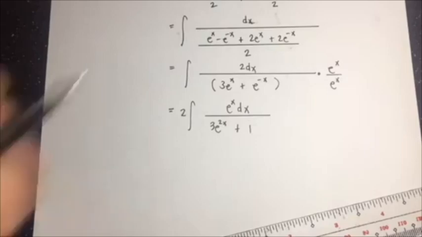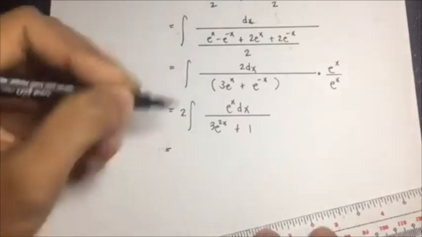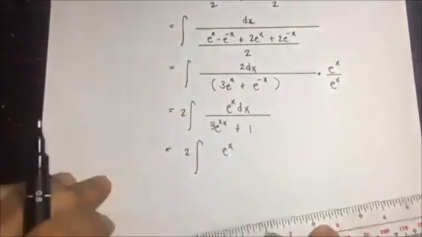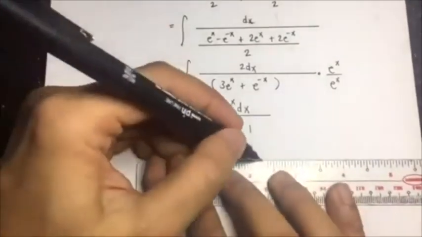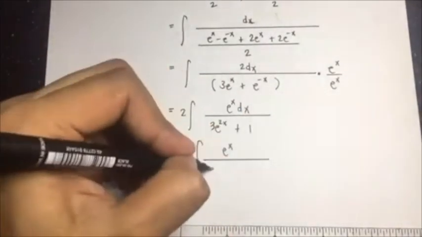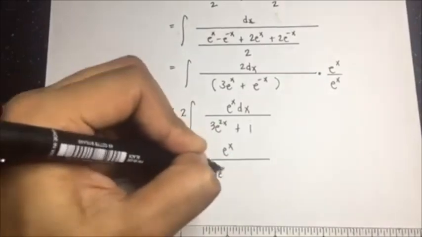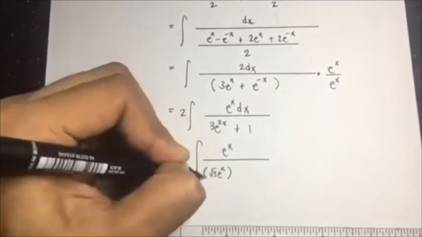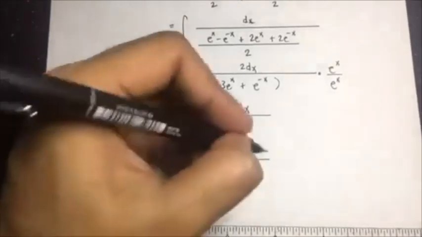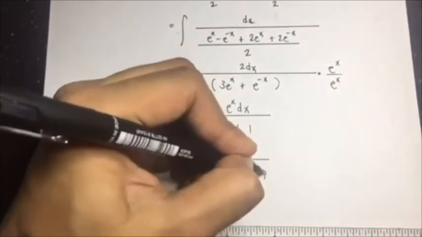Okay, so this is actually 2 integral of e to the x over the square root of 3 e raised to x, squared, okay, plus 1 squared.